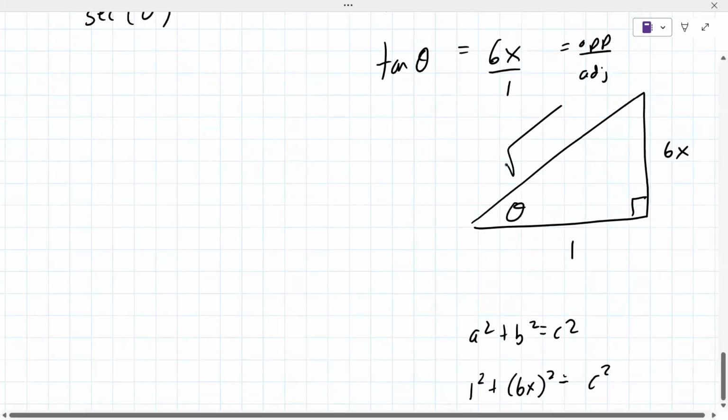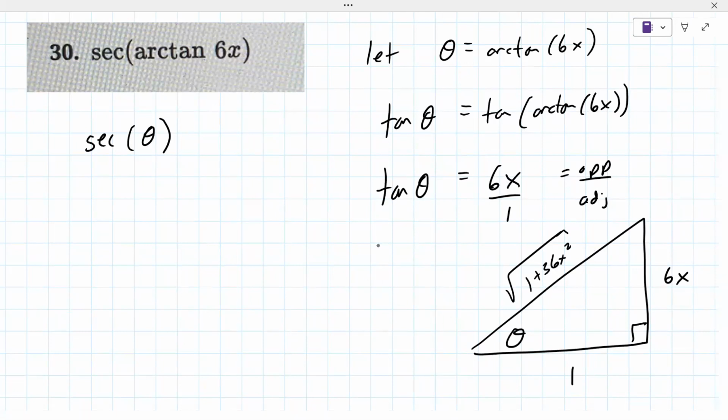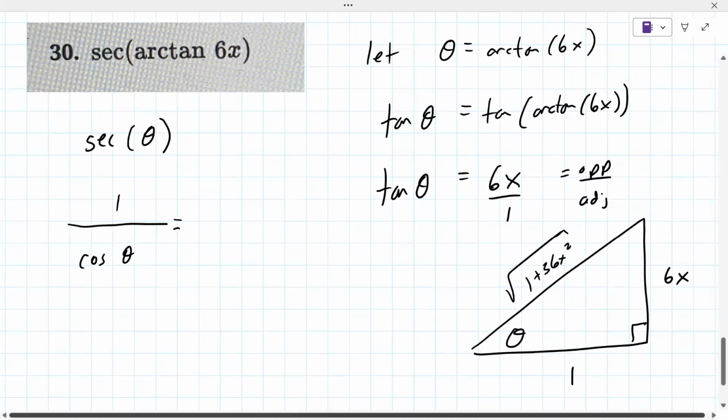Sometimes they put the number first. It really just depends on what they're doing. Okay, so that's great. Now you're trying to find the secant of theta. All this stuff on the right is the build up to get the triangle. Secant of theta is 1 over the cosine of theta. So if you can figure out the cosine of theta, you then flip it.